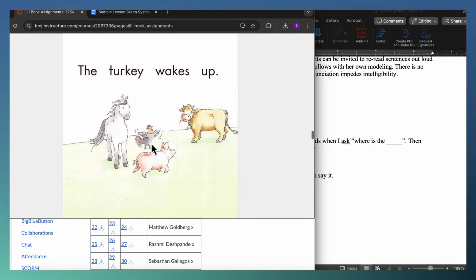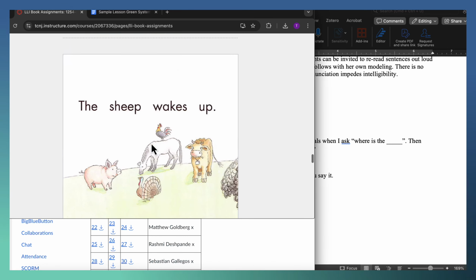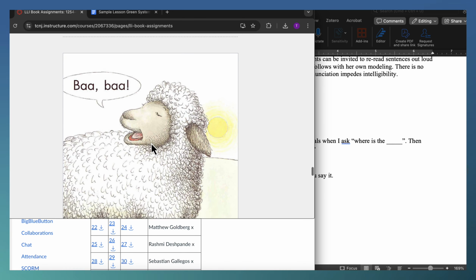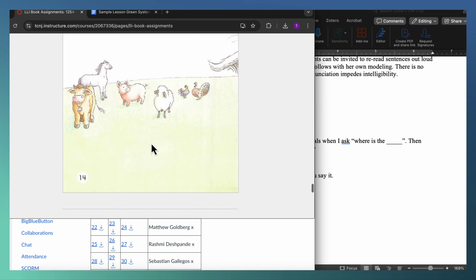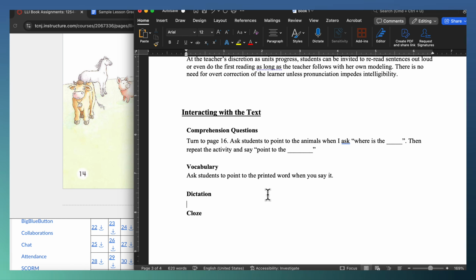Definitely not going to do turkey, that's two syllables. I might do sheep. I'll try duck. So I will say, the pig wakes up. The duck wakes up. That will be plenty.